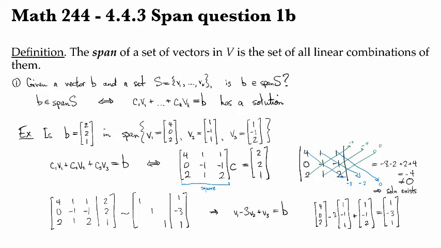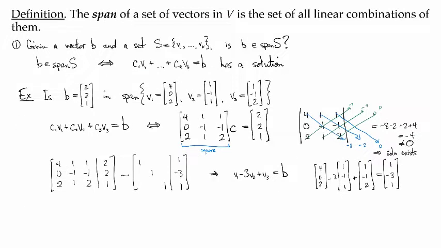Let's look at one other example. So far, all the vector spaces we've been talking about have been R3, but there are other vector spaces we've seen.